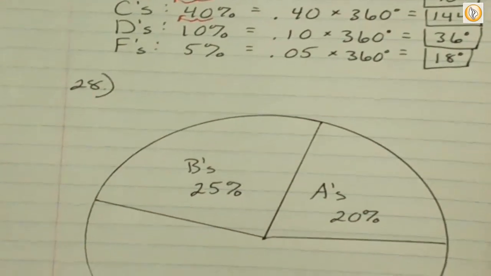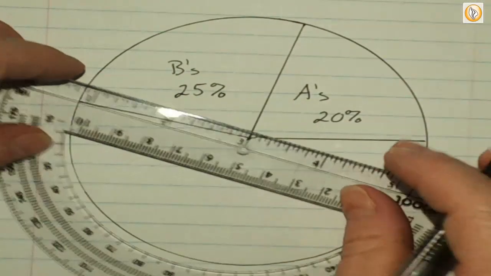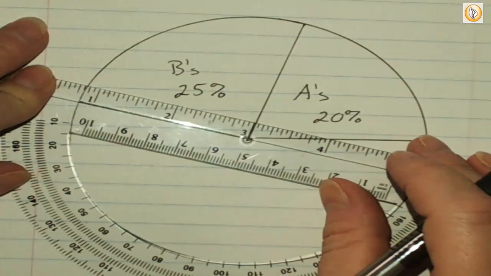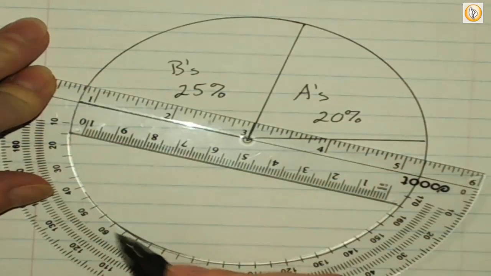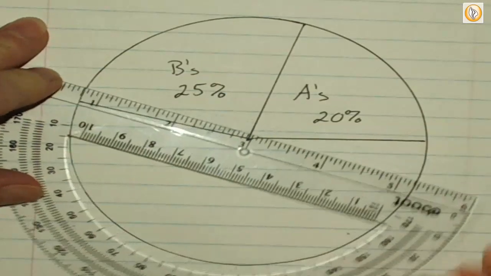And then 144. That's gonna be fun. Start here. 30, 40, right about here.